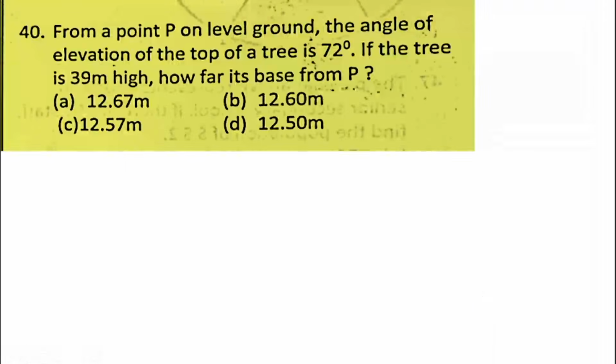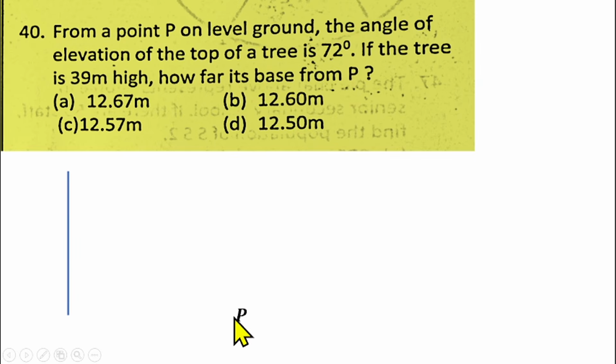Question number 40 is from the angle of elevation and depression. In this case, the angle of elevation from a point P on the ground to the top of a tree is 72 degrees. If the tree is 39 meters high, how far is its base from P? So there's a point P on the ground and there's a tree.